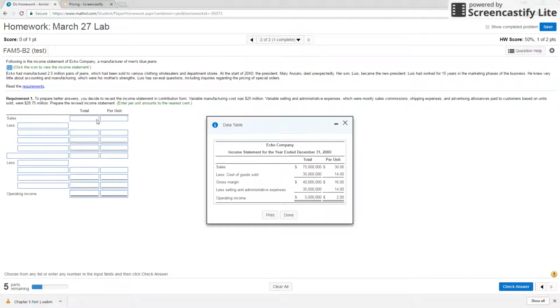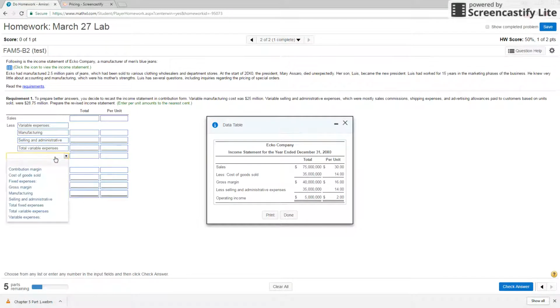So here we have to fill out the table first. We have sales, then we have variable expenses, which consist of manufacturing and selling and administrative. And then for sure we have the total variable expenses.